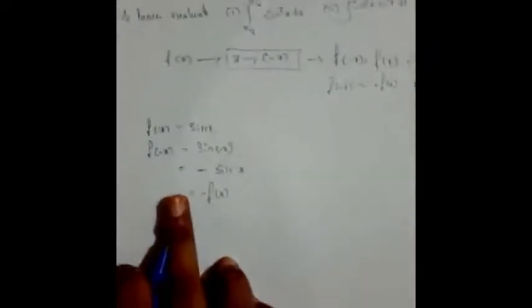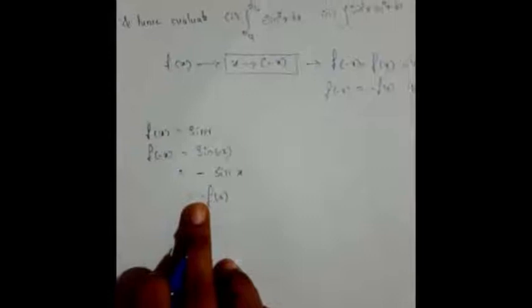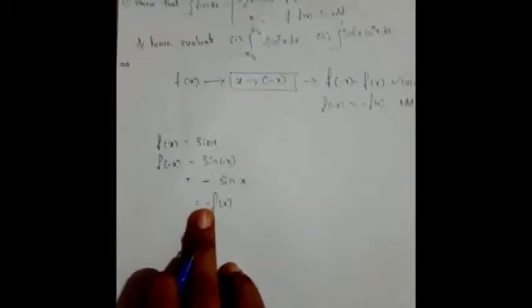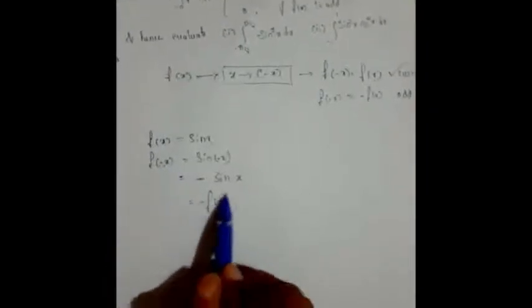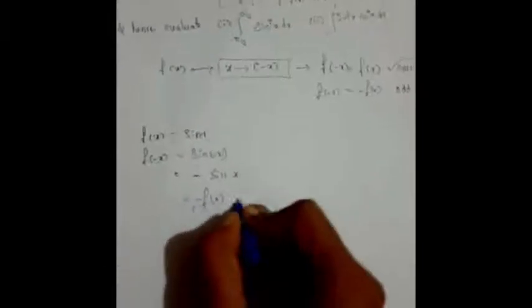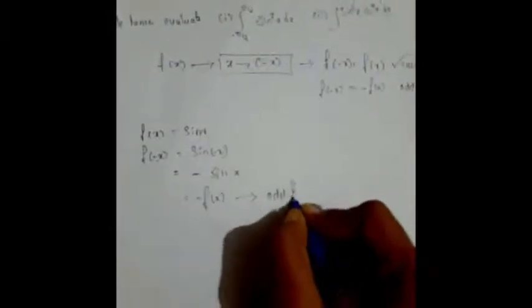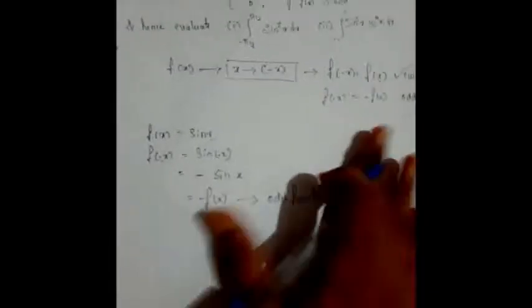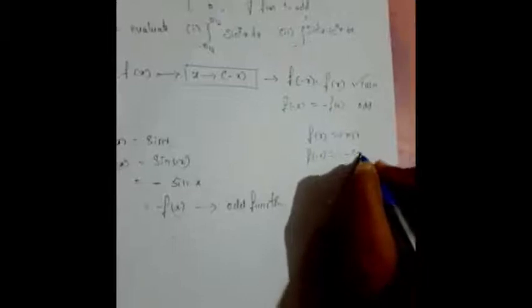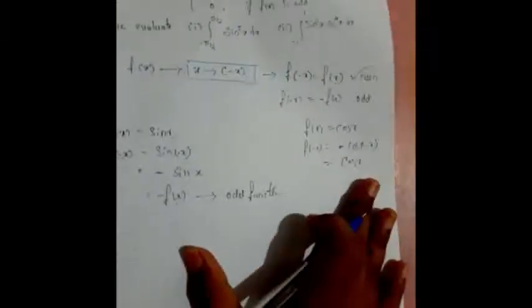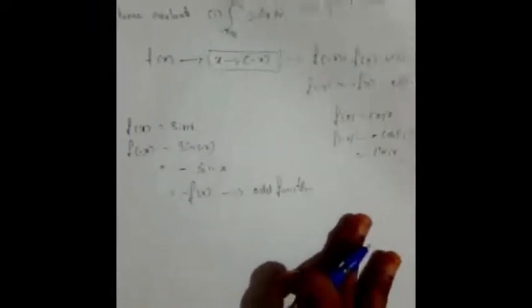If you get the same as this, then it is an even function. But here, if you replace x by minus x, the function is the same but the sign changes, so this one is an odd function. Similarly, if I take f of x is equal to cos x, f of minus x is equal to cos of minus x, which is cos x. This is the information about odd and even functions.